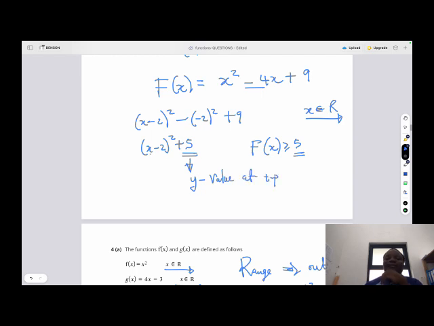Then your x value is when you solve this equals to 0, which means x is equal to 2 at the turning point. So the turning point is simply 2, 5. Your range is f of x being greater or equal to 5.